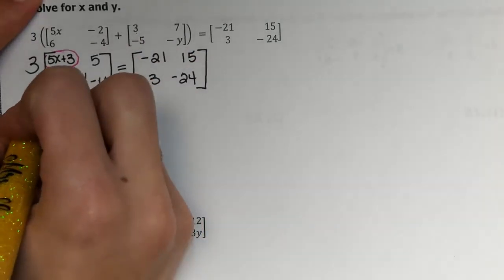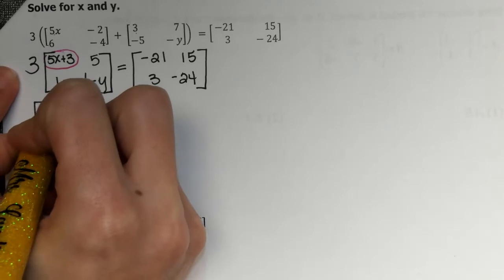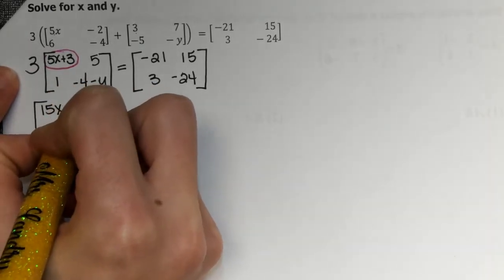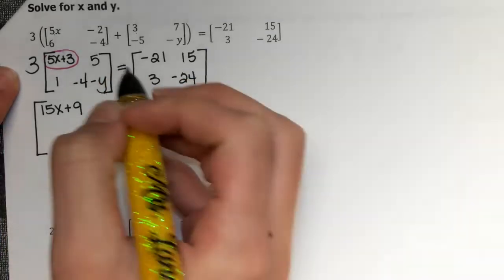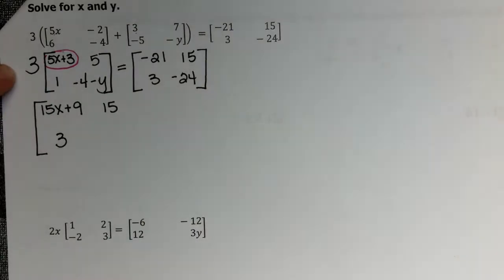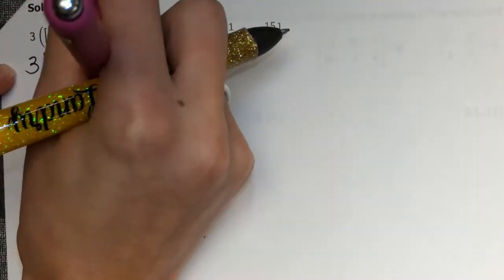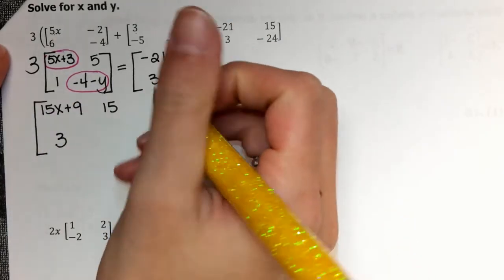So for those of you who maybe miss details sometimes, I would circle any element that has a binomial so you know, hey, I got to do something with this. You just have to multiply everything, but that's a mistake too. That's common. So 3 times 5x is going to give me 15x. 3 times 3 is going to give me 9. Then 3 times 5 is going to give me 15. 3 times 1 gives me 3. And then again, I've got a binomial in this element. So what is 3 times negative 4 minus y going to give me?